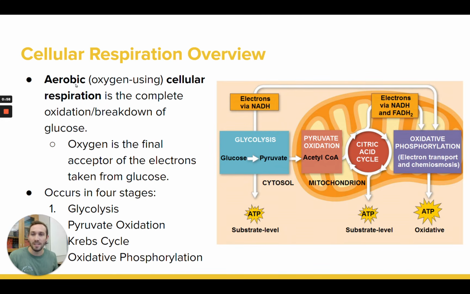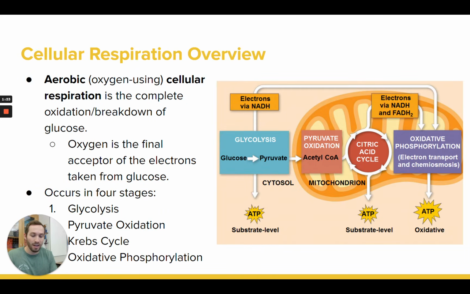Aerobic means something that's using or requiring oxygen. It's an oxygen-using process. There are anaerobic processes that can take place without oxygen, but that's different, and we're not going to talk about that until later in the 3.2 notes.